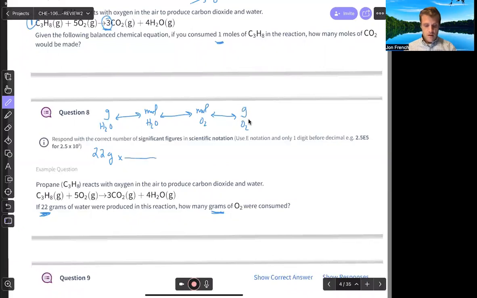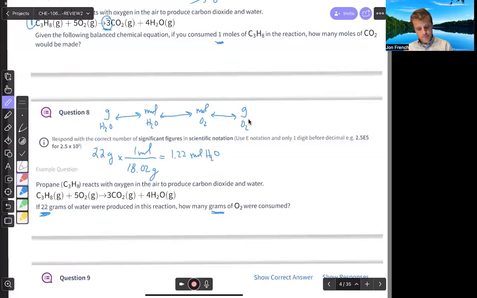So, water is 18.02 grams per 1 mole. 22 divided by 18.02, I get 1.22 moles of water. Next, I'm going to use the mole ratio. The mole ratio tells me for every 4 moles of water, I need 5 moles of oxygen.